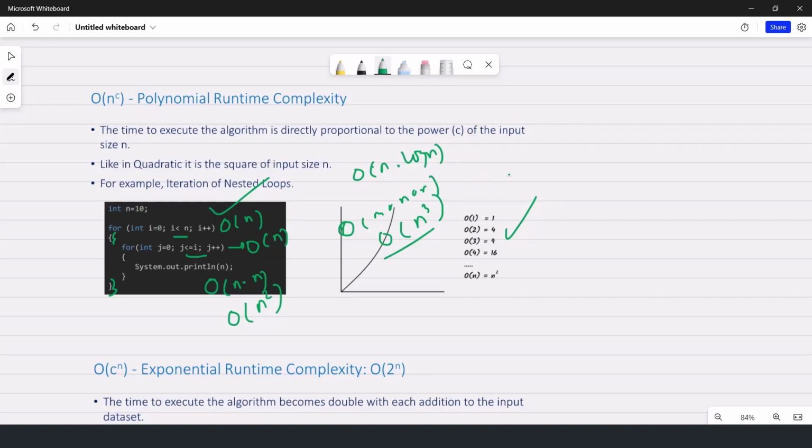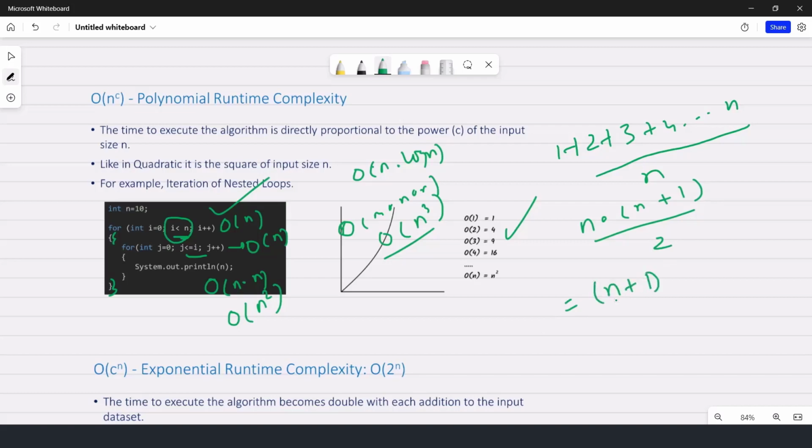As i increases from 0 to n minus 1, the average number of iterations is going to be 1 plus 2 plus 3 plus 4 till n, divided by n, which equals n into n plus 1 divided by 2, divided by n, which basically simplifies to n plus 1 by 2. Therefore the average time complexity of the inner loop is O of n plus 1 divided by 2, right?